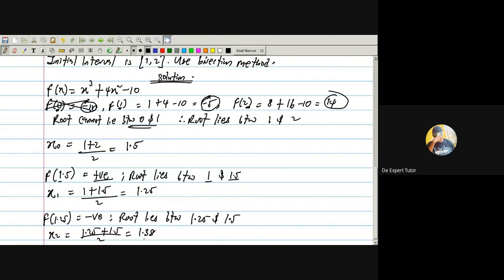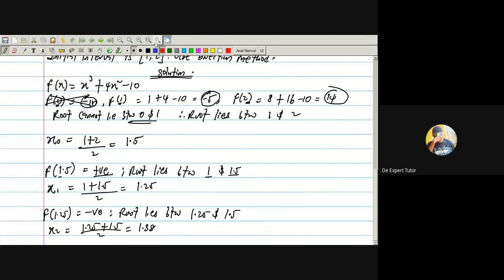But wait, how do we know the number of iterations? That will be the first thing that I want us to do. So pay attention. The number of iterations, you have to work out somewhere here before you start at the top. Let me help you calculate.